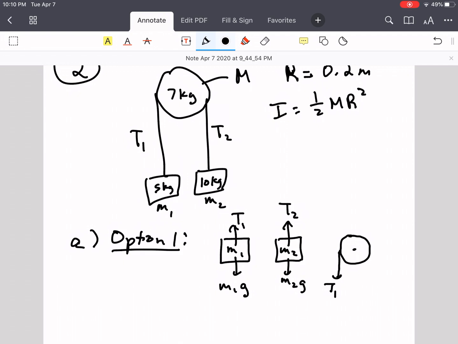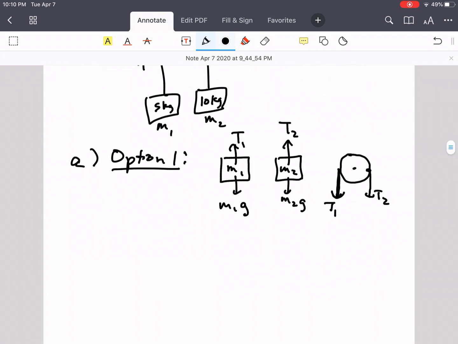So still, it will be the case that this tension acts like it's acting on the point where it leaves the pulley. That's the point of contact for the string. And similarly, we have T2 hanging off the other side. So we have these kind of pair of earrings. And those are going to cause a torque. And now we go through the little bit of math. Let's go ahead and set up Newton's equations. So I'll introduce my usual axes.